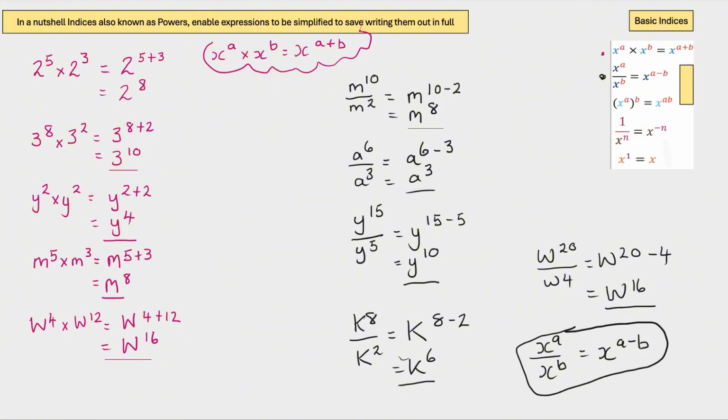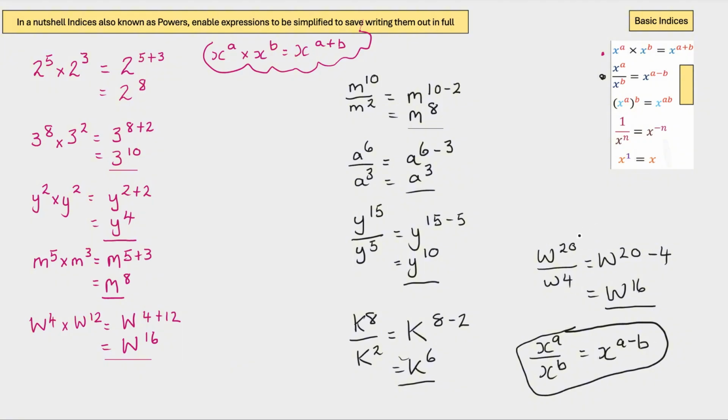And that's the rule we've just followed. The x's are the same, they've got to be the same. But in this, it's w and w, or y and y and k. Your a and your b, whatever they are, equals whatever it is here, x and x. So it'd be w and w, a minus b, that's our a, and that's our b.